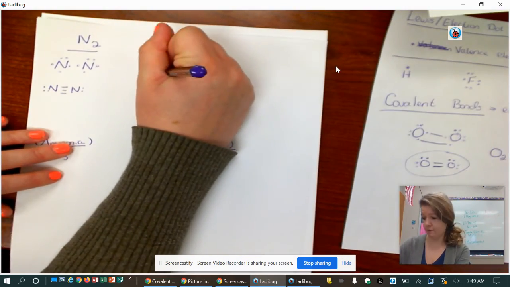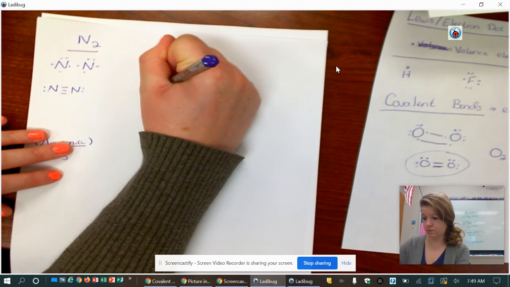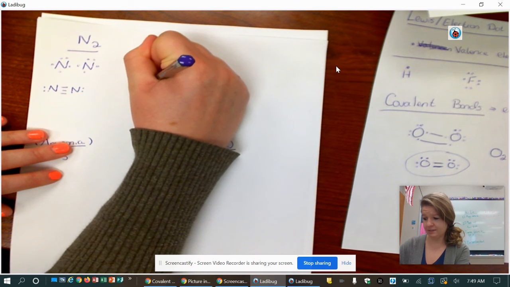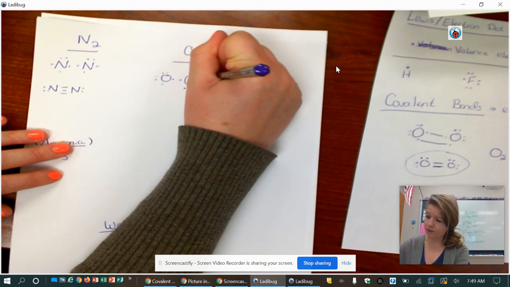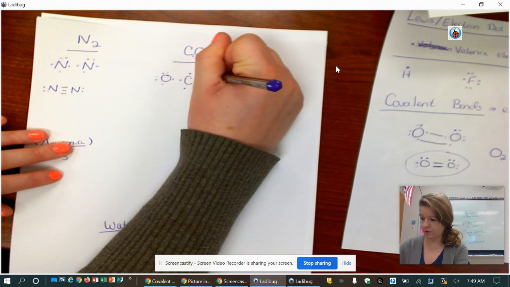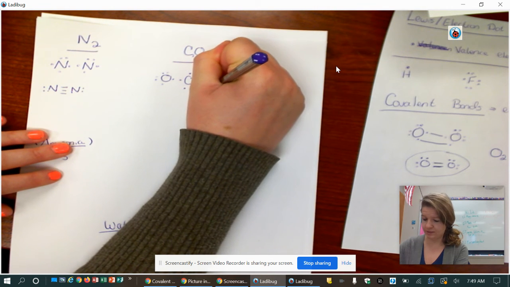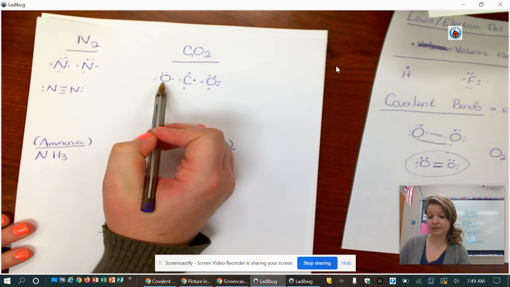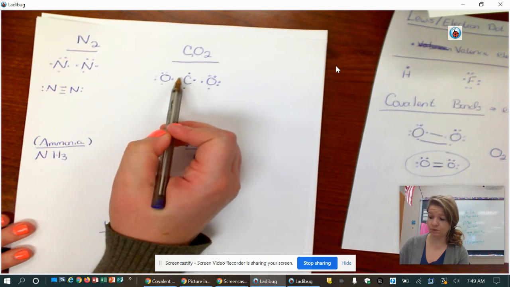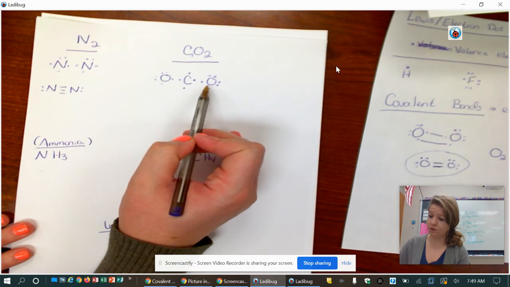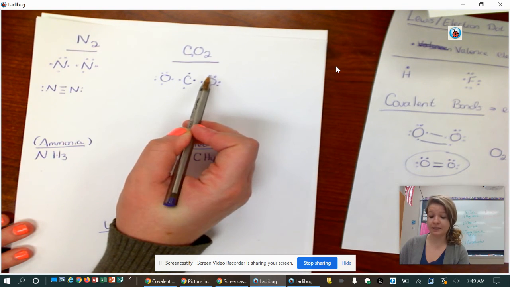This oxygen needs 2 more electrons to be happy, and this one needs 4 more electrons to be happy, and this one needs 2.